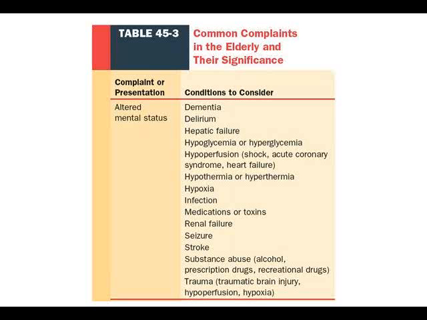Remember, they're building up toxins or they're building up drugs. Hypoglycemia. Remember, either one of those causes changes in mental status. Hypoperfusion, hypo- or hyperthermia, hypoxia, infection, medications or toxins, seizures, strokes, substance abuse. Maybe it was intentional, maybe it wasn't. And trauma.